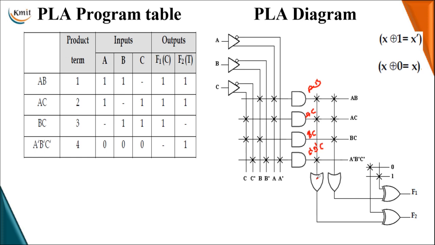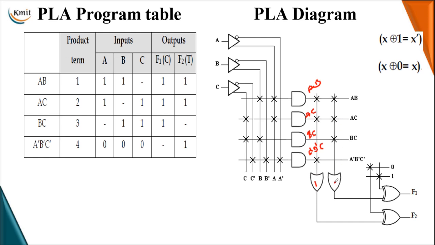But in F1 complement, we are going to use AB, AC along with BC. Hence here it is connected with F1. This first OR gate implements F2, where it has AB, AC along with A bar B bar C bar.